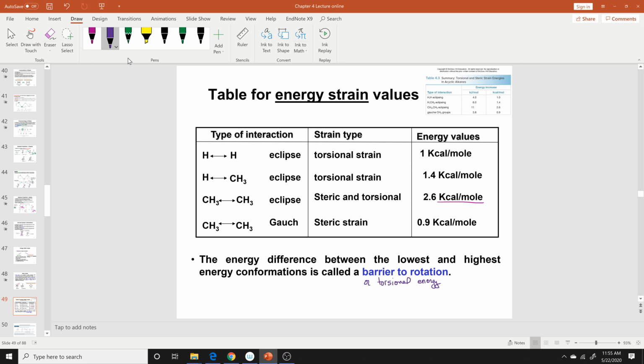Take the energy of the staggered and the energy of the eclipsed, subtract them from each other, and see what number you get. That is the barrier to rotation, which is the energy difference between the lowest and the highest energy conformations.